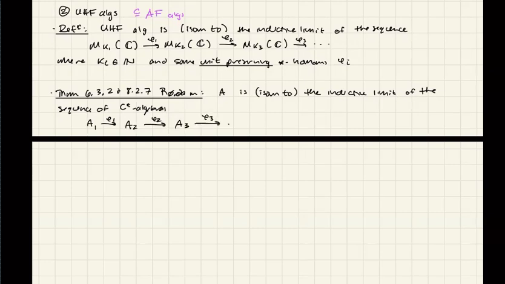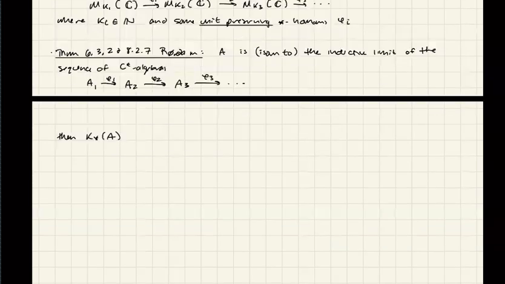And so on. Then K star of A, so the K0 group or the K1 group respectively, is isomorphic to the inductive limit of the sequence where we apply the functor to each of our C-star algebras and also the maps.